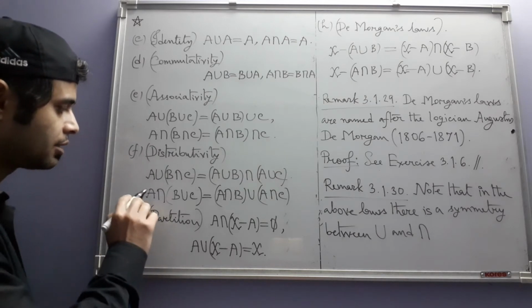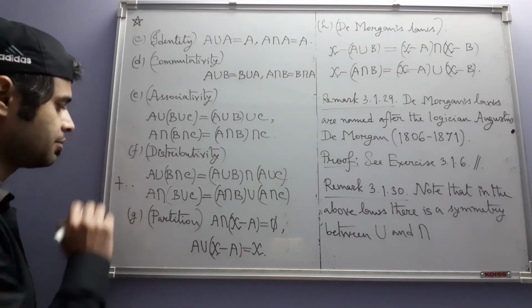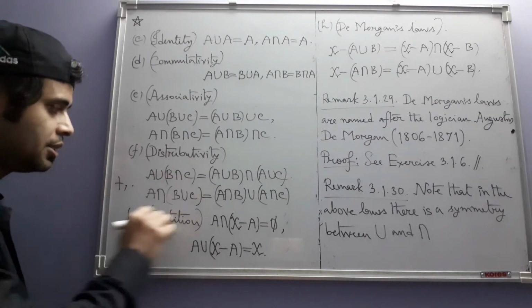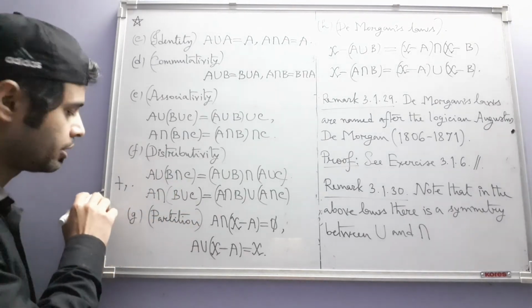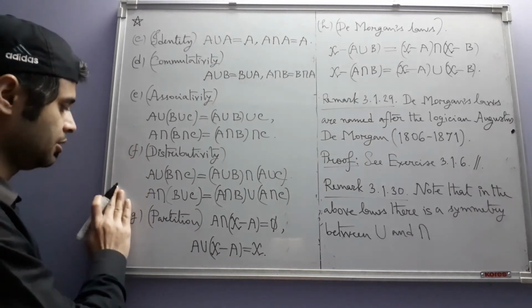that symmetry in particular is not available with addition and multiplication. We have seen that one of these distributive laws is true for addition and multiplication, the other one is not. So I am talking about that type of symmetry.